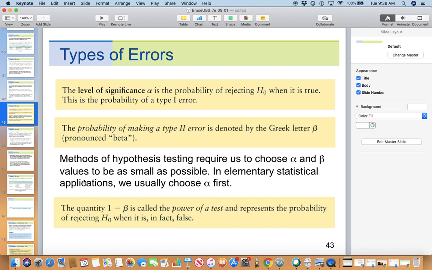In elementary statistical applications, we usually choose alpha first. The quantity 1 minus beta is called the power of a test and represents the probability of rejecting H0 when it is in fact false. Okay, power of a test. H0 is false and you manage to reject it. All right.